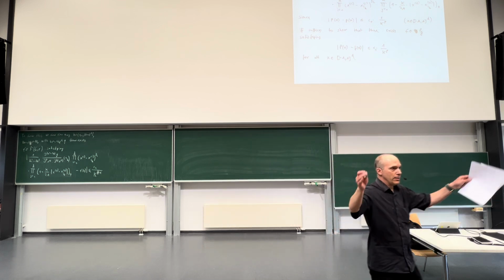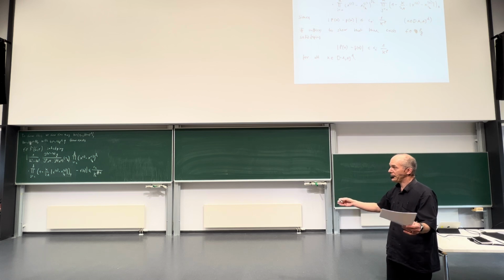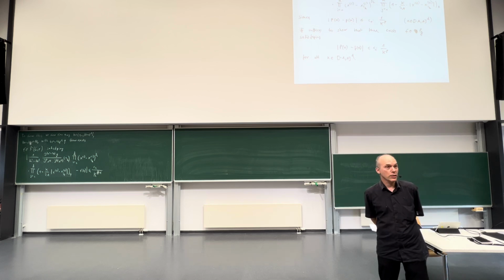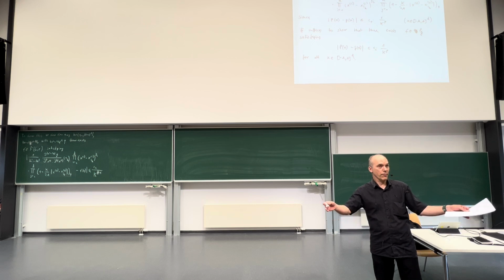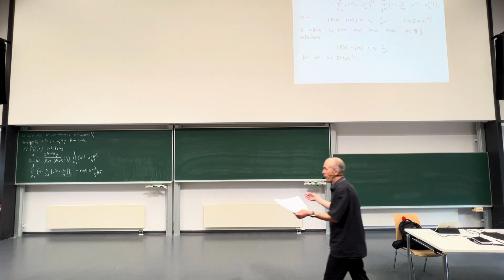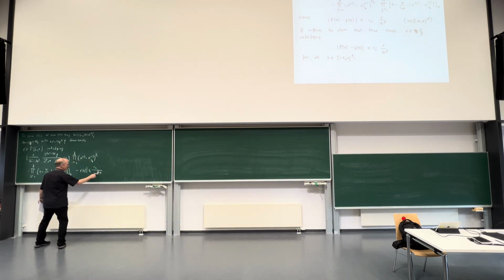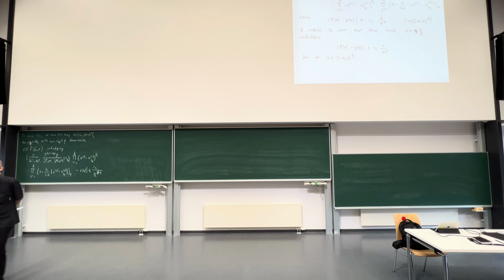Then I use the triangle inequality: the difference of the two sums is less than the sum of the absolute values of the differences, and each term is this one, and you have a constant times k to the power d many of these terms, so this gives you altogether, up to a constant, 1 divided by k to the power p.